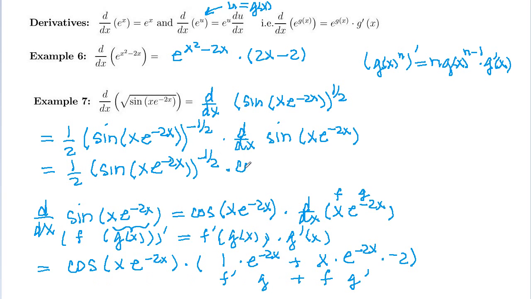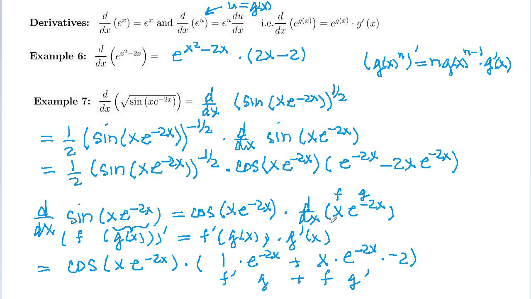So that'll be cosine of x e to the negative 2x, and then times 1 times e to the negative 2x, which is just e to the negative 2x. And then this minus 2 we can bring out in the front with that x, so it will be minus 2x e to the negative 2x. And so that's a simplified derivative of the inside there.